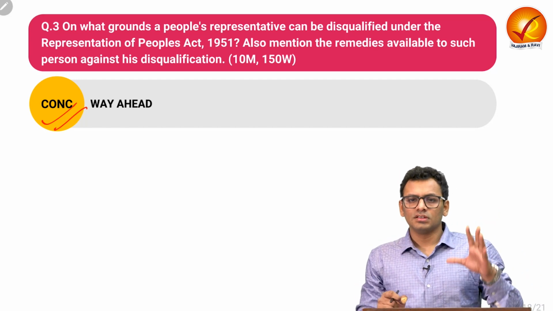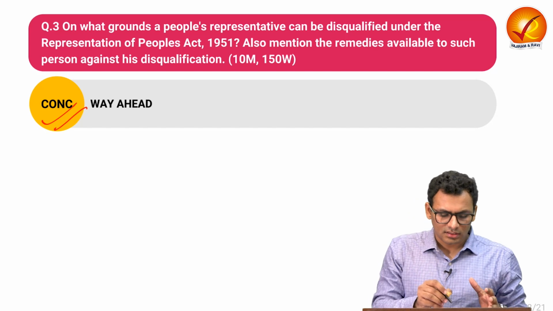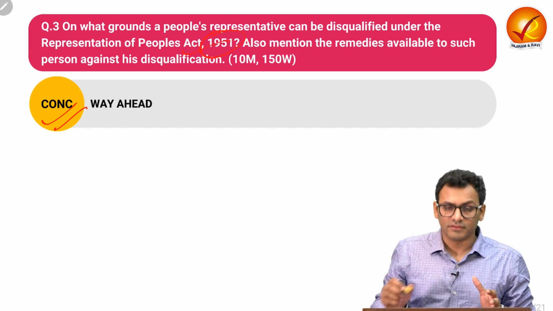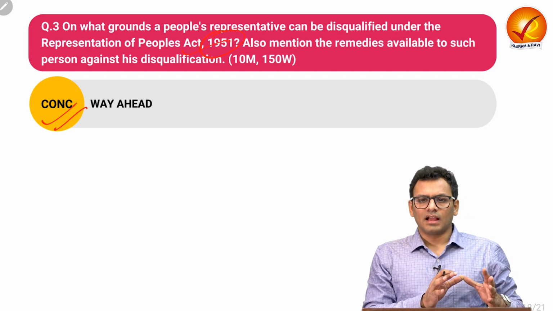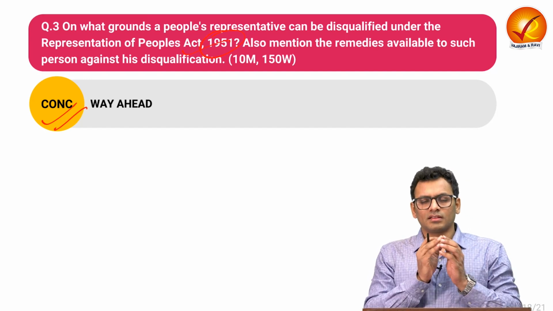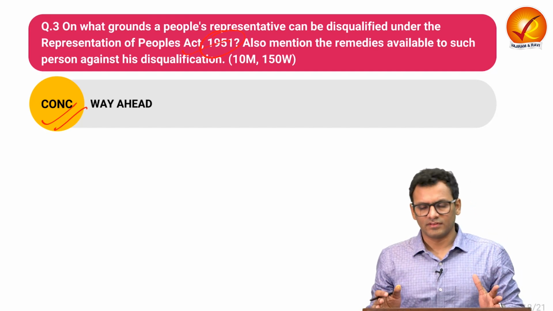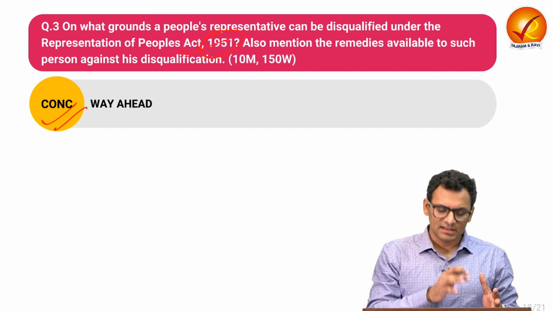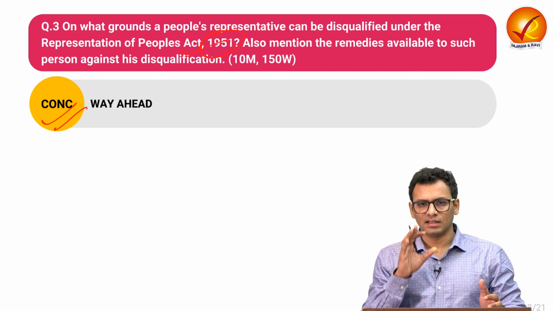In question number 3, you can conclude with a way ahead where you can talk about how the Representation of the People Act 1951 has certain proof points with regard to the grounds for disqualification and the remedies. Thus, this represents the very true essence of protecting Indian democracy.